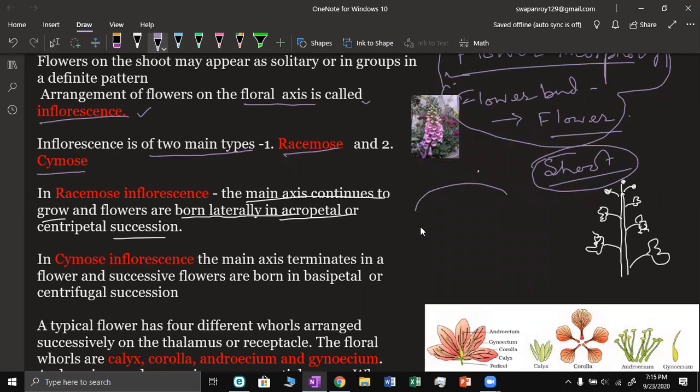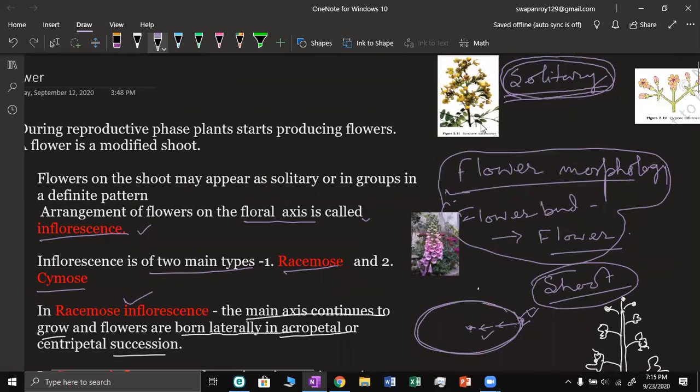If the inflorescence is almost circular, the flowers at the periphery will open first, and gradually it moves towards the center. The flowers at the center will open later on. This is also racemose inflorescence. In mustard and gulmohar we can see the racemose inflorescence.